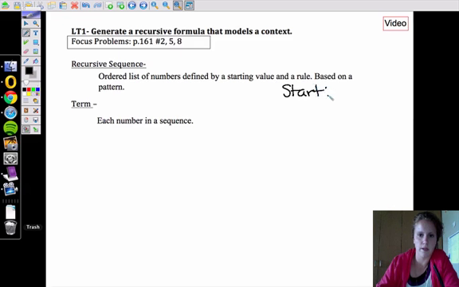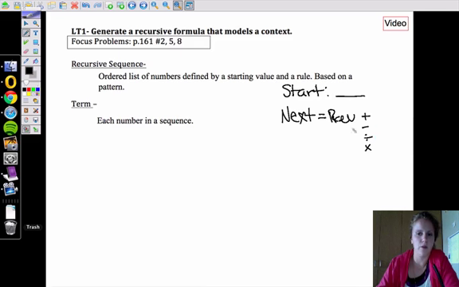Okay, so we're going to write these like start, and then we'll have a number where we start. And then the next value will equal the previous plus something, minus something, divided by something, or times something. Okay, there will be a rule that we follow with each sequence.